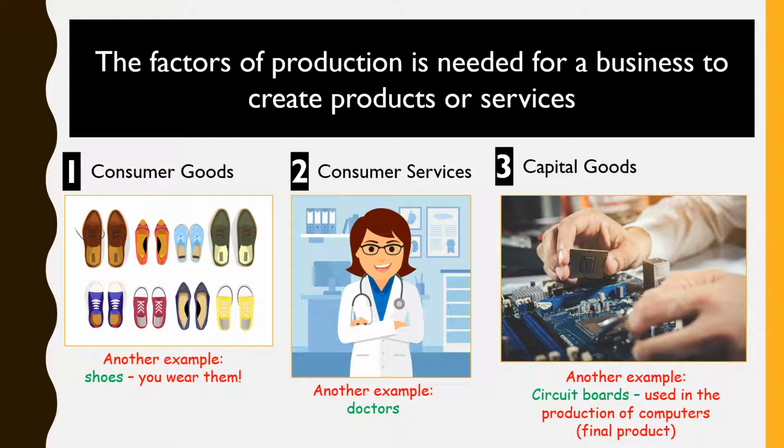Those items, like the saws and the heavy equipment that he used in his business, are considered capital goods because they are used to generate the final product or service.